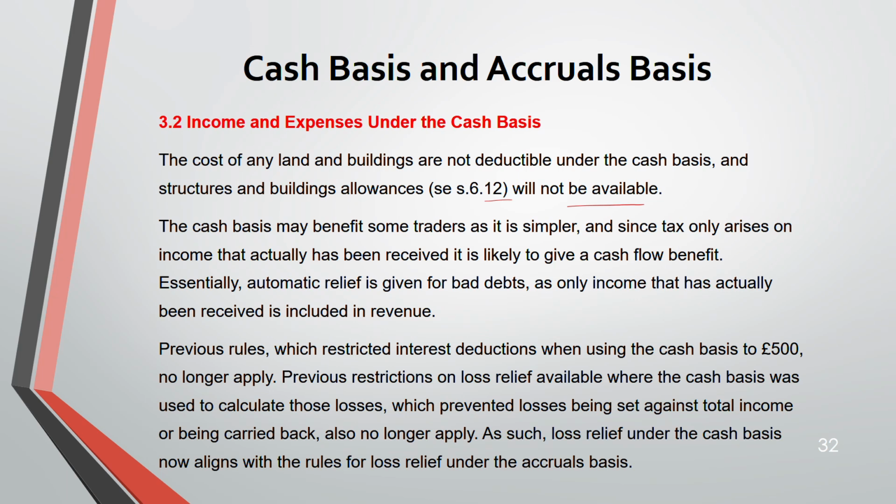There were previous rules, but now they no longer apply. What was that previous rule? It restricted your interest deductions under cash basis to 500. That means for any loan you are taking, you would incur interest, and that interest you could deduct under cash basis up to 500. But now it no longer applies. The previous restrictions on loss relief when the cash basis was used, which prevented losses being set against total income or carried back, also no longer apply.